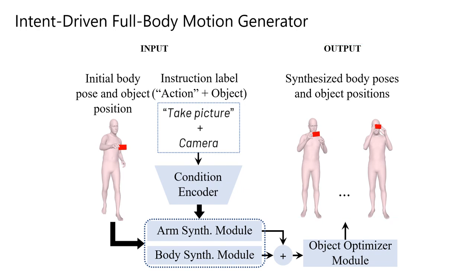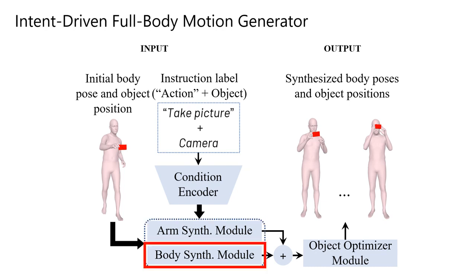In our generator network, we first encode the instruction labels using our condition encoder. Owing to the varying degree of involvement of the arms and the body joints for object interaction, we designed an arm synthesis module to leverage the intent-based interactions between the objects and the arms and autoregressively synthesize arm movements.